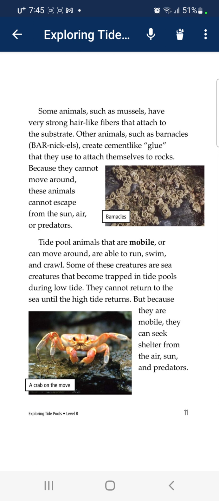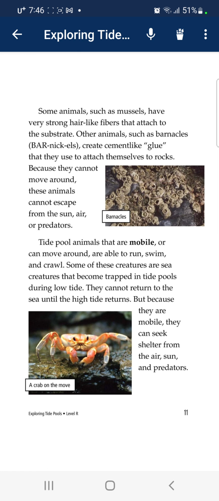The other tide pool animals are mobile, or can move around, and are able to run, swim, and crawl. Some of these creatures are sea creatures that become trapped in the tide pools during low tide.